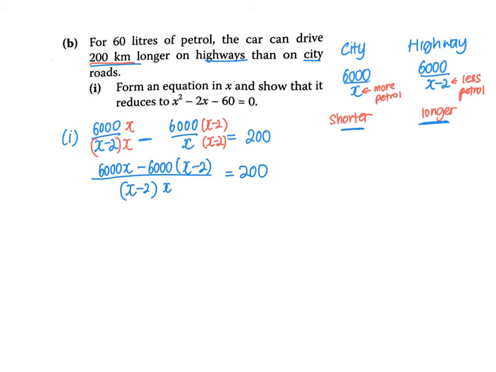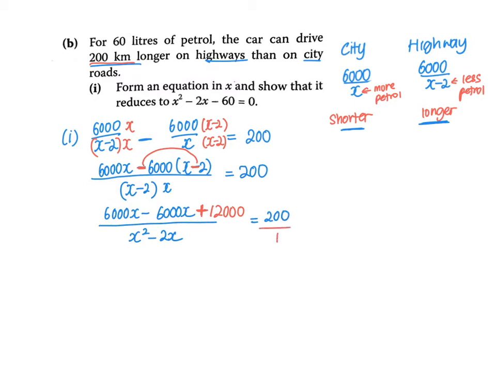Now let's take a look at expanding the numerator and denominator. This is negative 6,000 times negative 2, so I'll get 6,000x minus 6,000x, plus, because it's negative times negative, it becomes plus 12,000, over the denominator, equals 200. Let's expand the denominator as well.